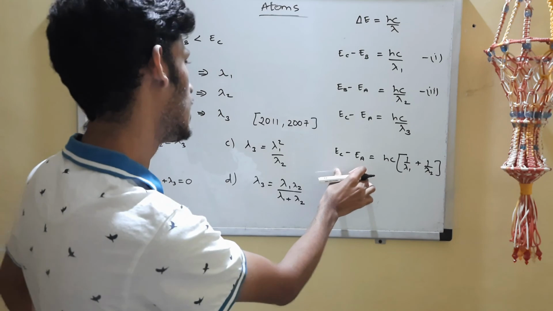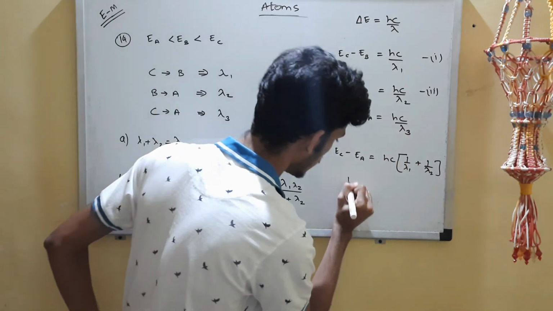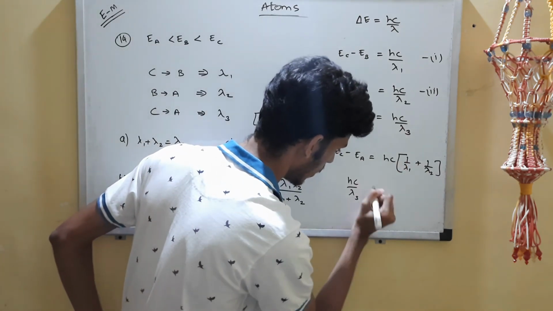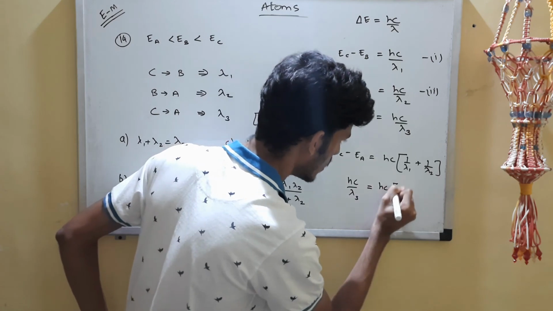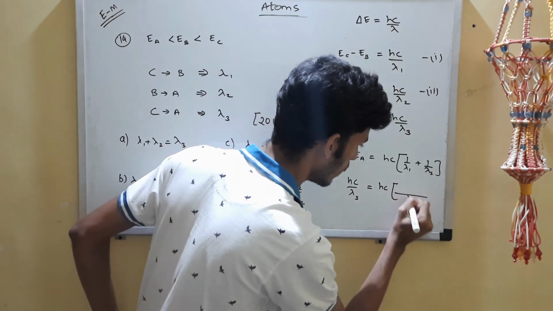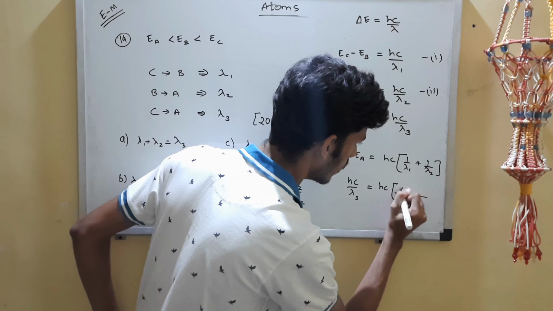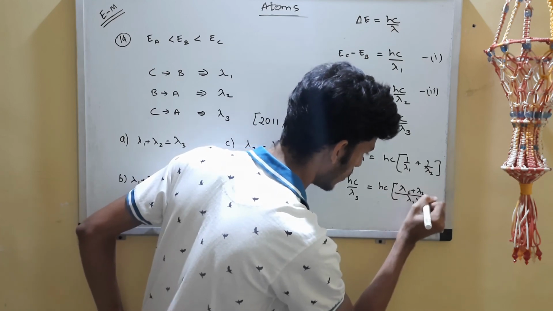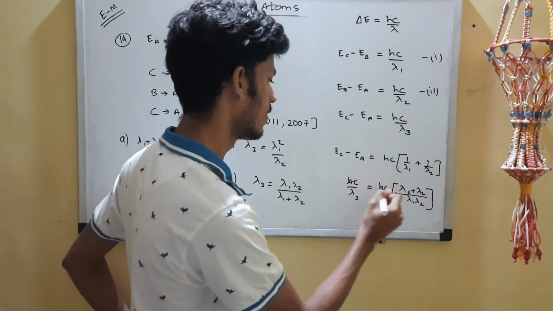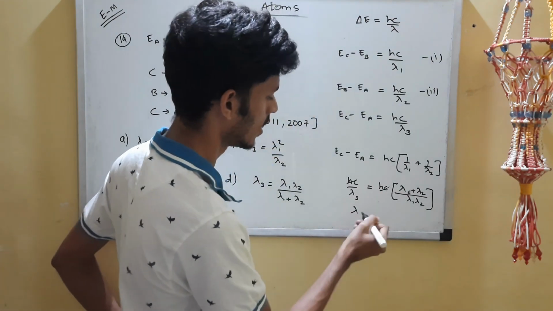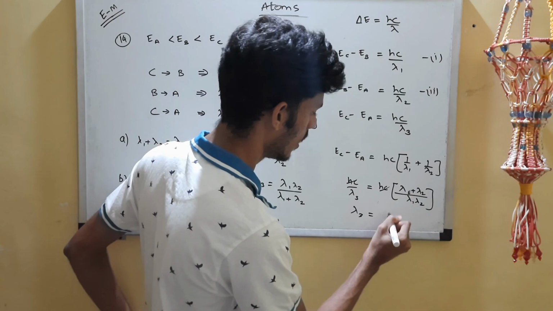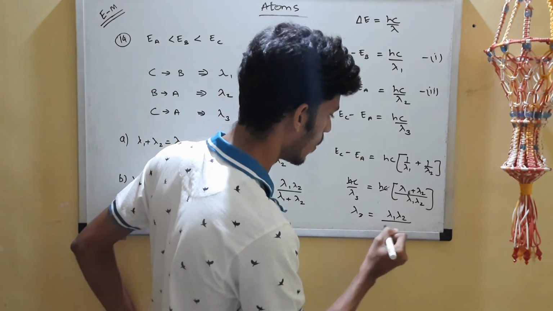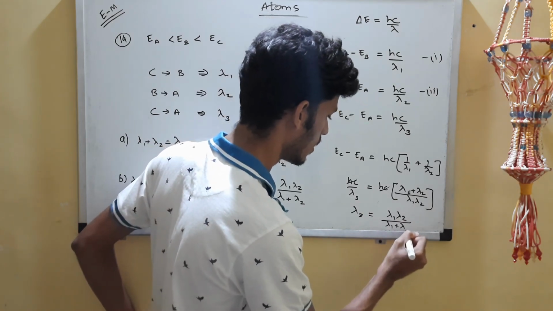Now EC minus EA, we know that it is equal to hc by lambda 3 from equation 3. Here you can take the LCM, lambda 1 lambda 2 into lambda 1 plus lambda 2. hc will get cancelled, and for lambda 3 you can just take the reciprocal. That will be lambda 1 into lambda 2 upon lambda 1 plus lambda 2.